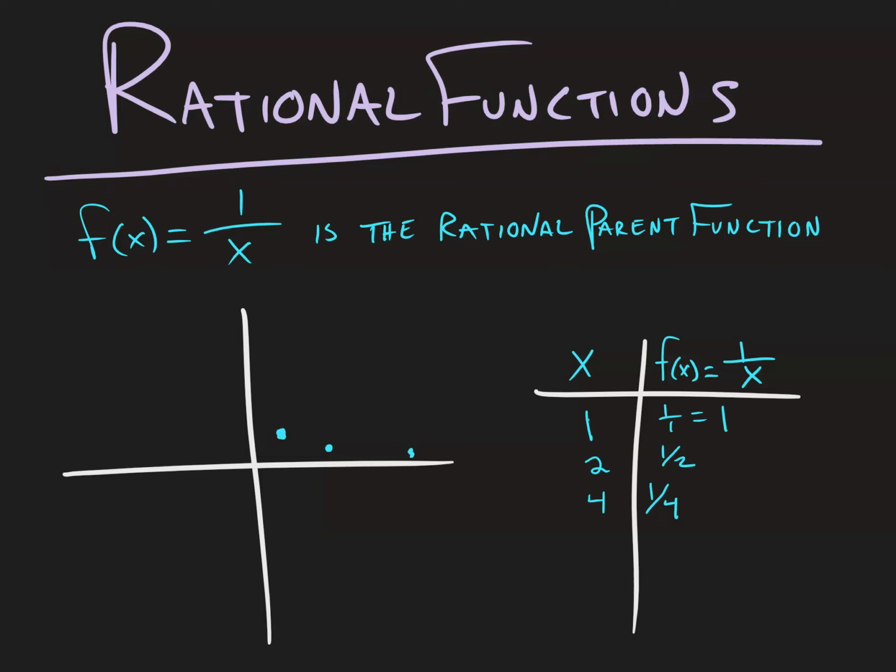Let's say I use x is equal to 1/2. Well, 1 divided by 1/2 is the reciprocal of 1/2, which is equal to 2. So when x is equal to 1/2, my y value will be equal to 2. If I use x equals 1/4, well, I get a value of 4, the reciprocal for my y.